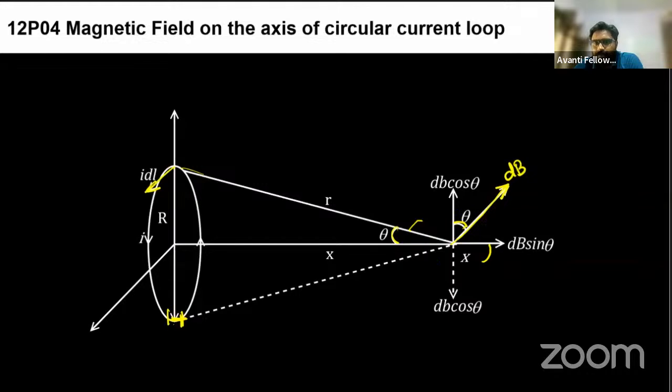So all the components in the vertical direction will be cancelled out. ठीक है, so the only remaining component that we have is in the direction of the x-axis, the dB sin theta in the horizontal direction.